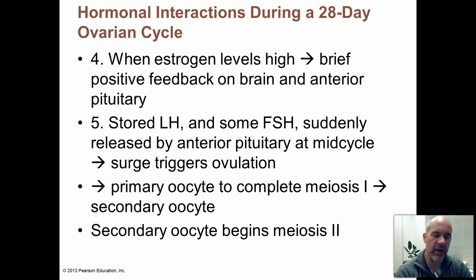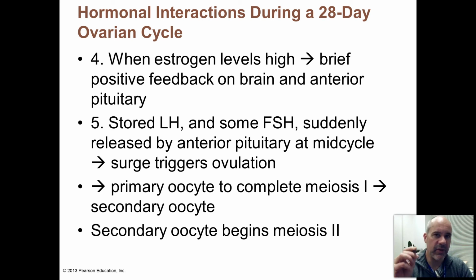Okay, then something interesting: what actually triggers ovulation? Why all of a sudden does the primary oocyte become a secondary oocyte and is able to break out of that mature follicle and break through the wall of the ovary?